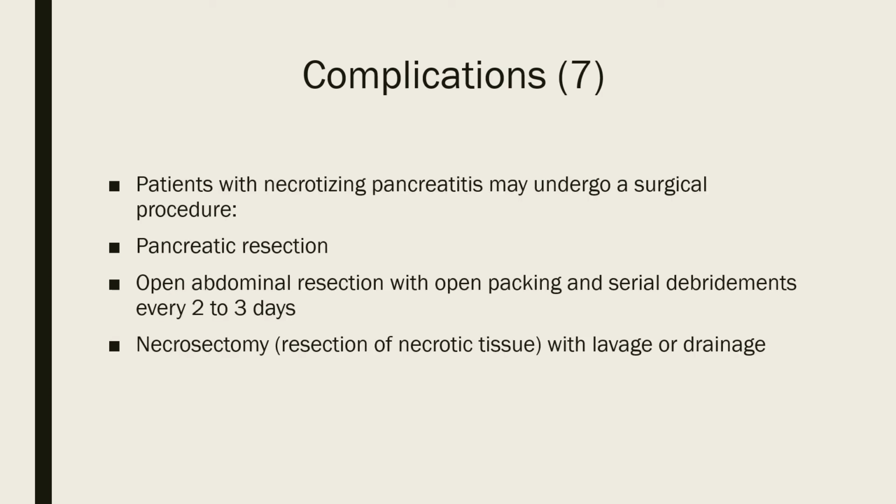Patients with necrotizing pancreatitis may undergo a surgical procedure, and this is a pancreatic resection. An open abdominal resection with open packing and serial debridements will occur every 2 to 3 days. Or we can do a necrosectomy, and this is when we do a resection of the necrotic tissue with lavage or drainage.